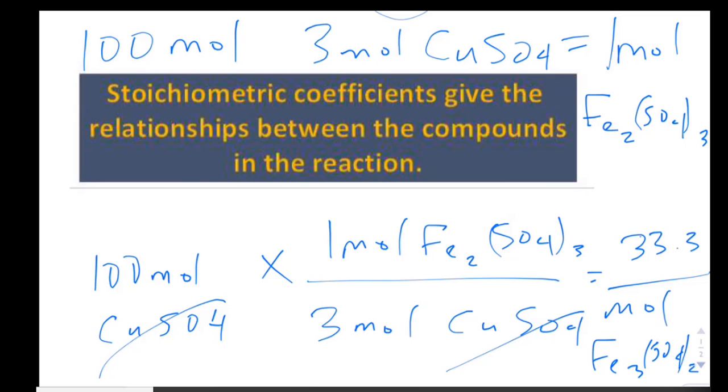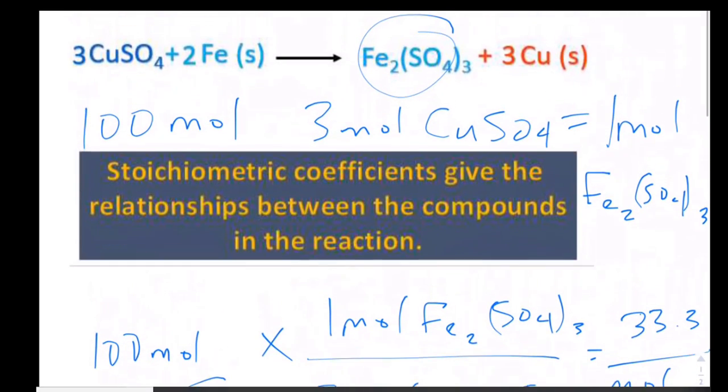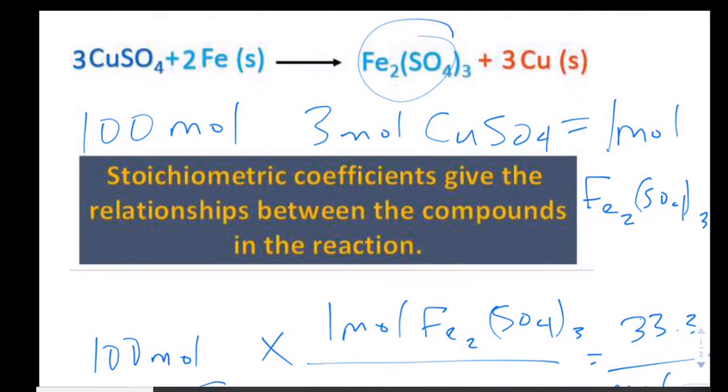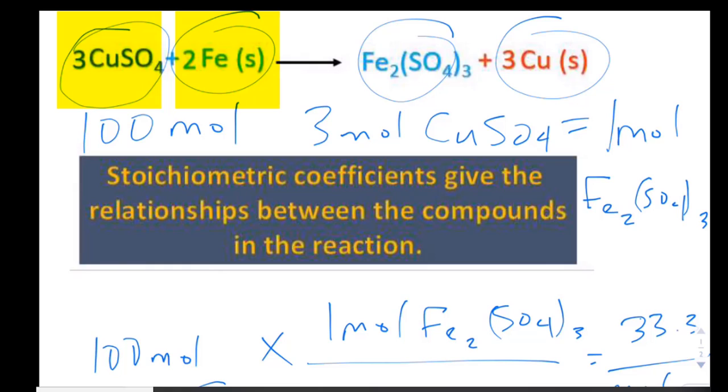And I can do that with any of these terms. I can convert between copper sulfate and iron, copper sulfate and elemental copper, iron and iron sulfate. It doesn't matter. I can convert between any of these quantities using the stoichiometric ratio, right?